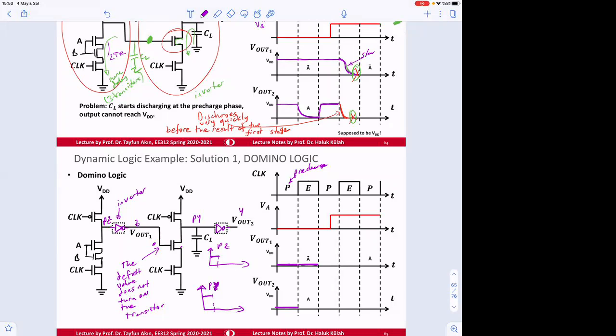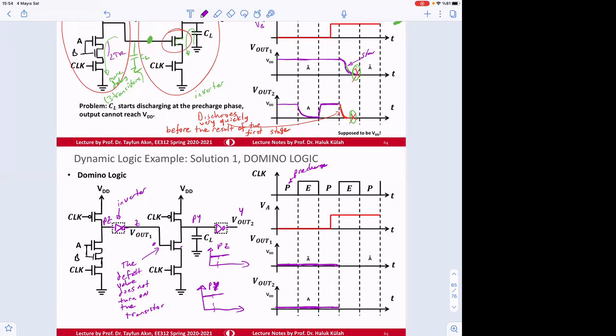So PY will remain in here, and then this will remain in here. So during the pre-charge, again, Vout2 and Vout1 are going to be like this.